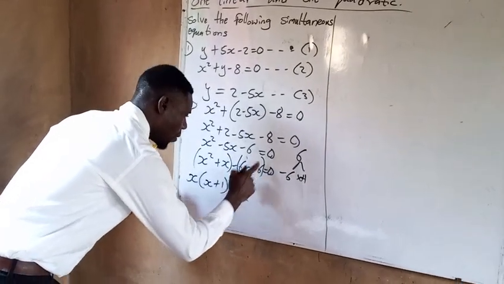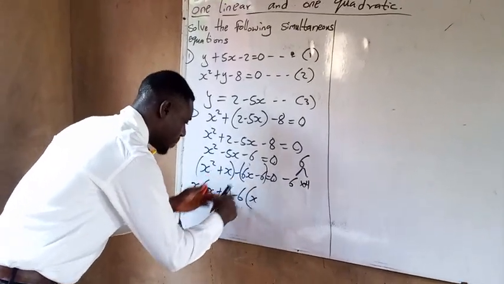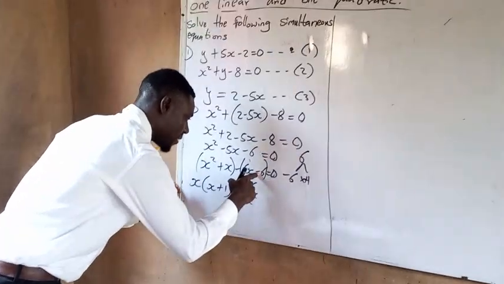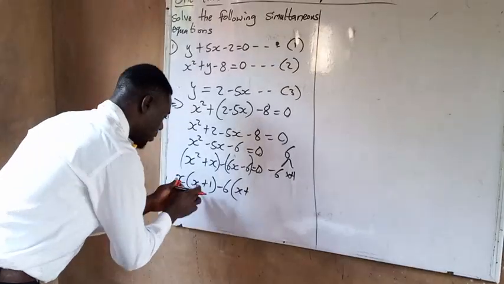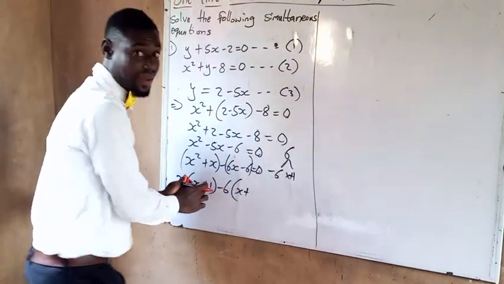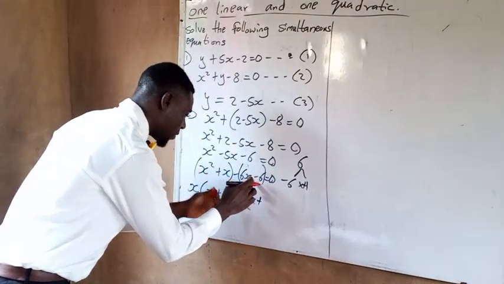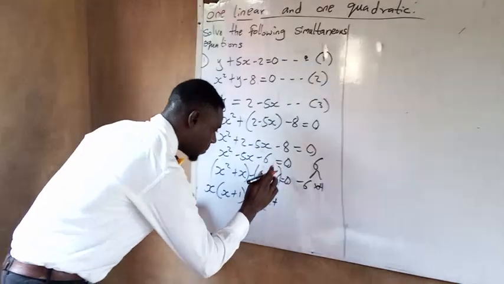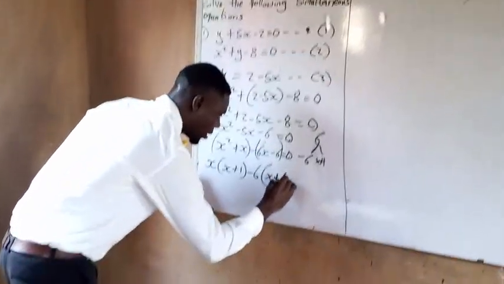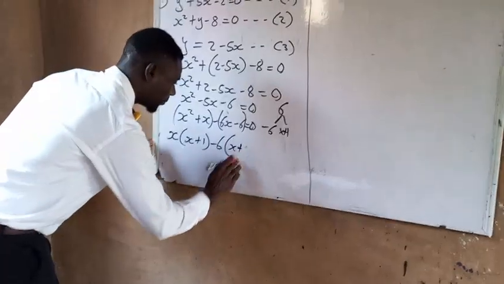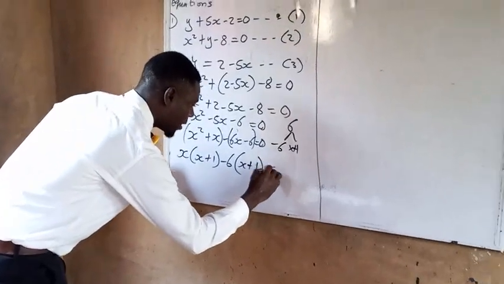Now take 6 away from this value. You have x, 1 divided by, now look at this minus here. Minus divided by minus will give us plus. Our aim is to have the same values here, this value should be the same. Now this minus 6 divided by minus 6 gives you plus 1, and plus 1 divided gives us x plus 1.